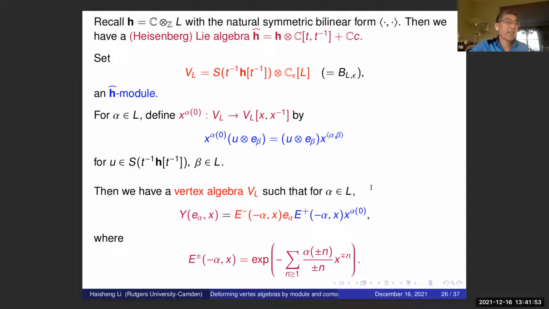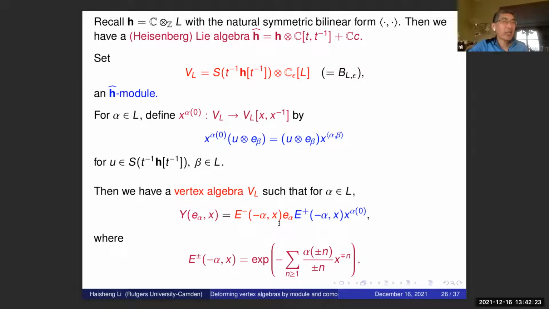On the other hand, we have X alpha to 0 for that. I purposely use different colors. The first two parts I use red, and the second I use blue. So the thing is, we know multiplication is the so-called creation operator, and alpha 0 is related to derivation, that's the annihilation operator, and also E plus uses the annihilation operator.